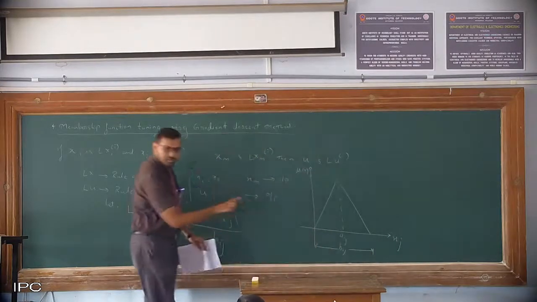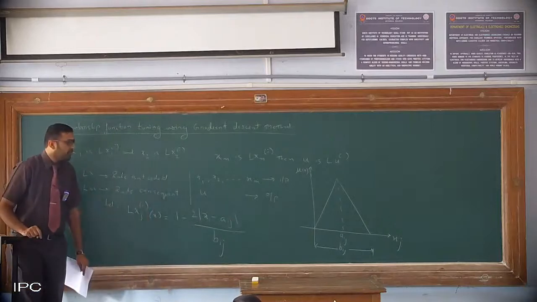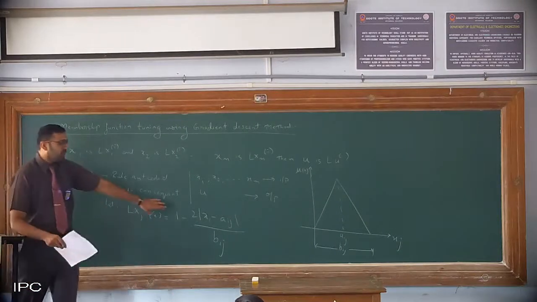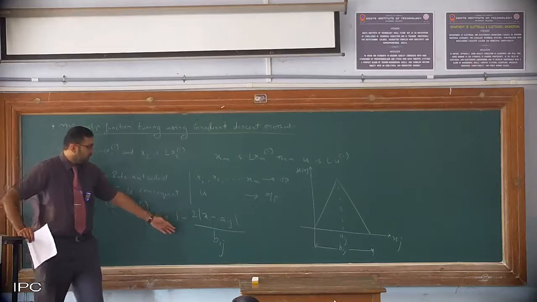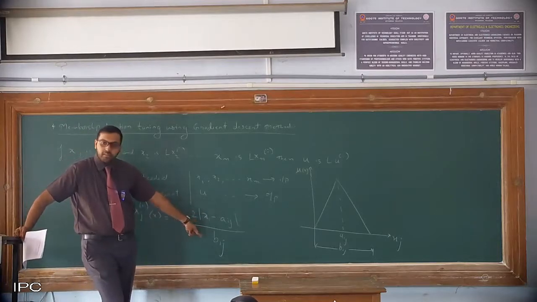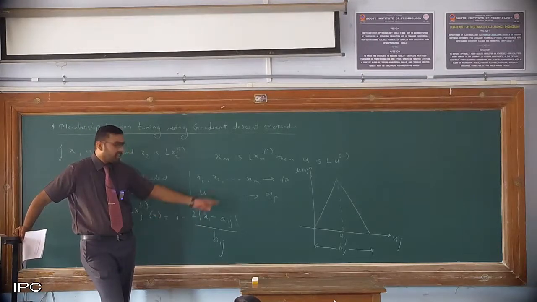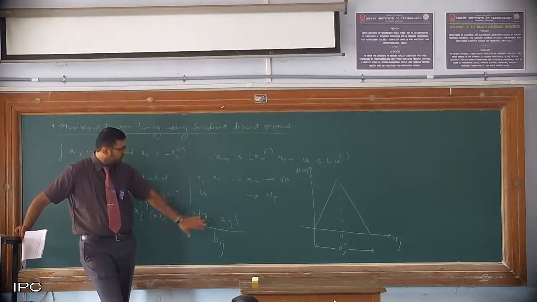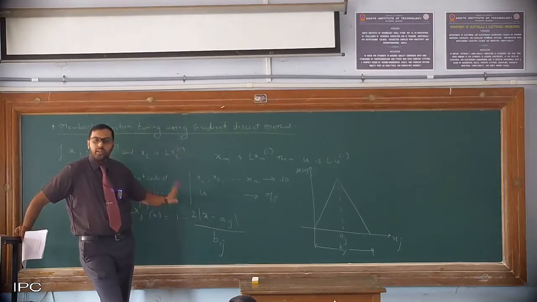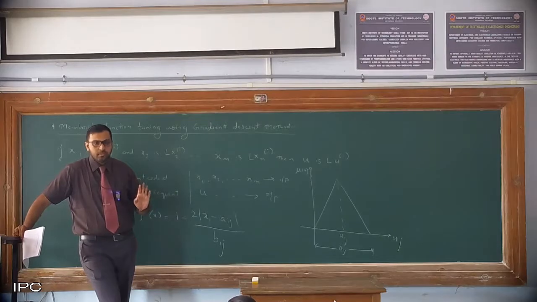Is it visible, right? a of ij, b of ij. When I substitute the values for a of ij, b of ij, I will go on getting that shape. So with respect to our input, we have formed a membership function now.